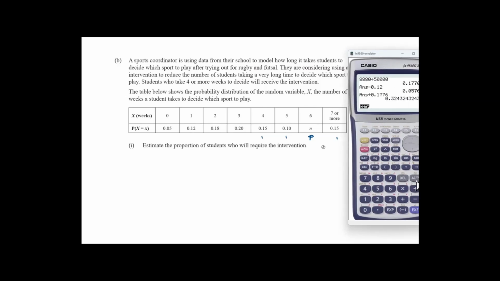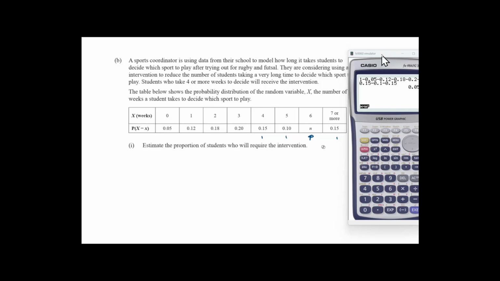So grabbing the calculator, 1 minus 0.15 minus 0.1 minus 0.5 minus 0.2 minus 0.18 minus 0.12 minus 0.05 is 0.07.